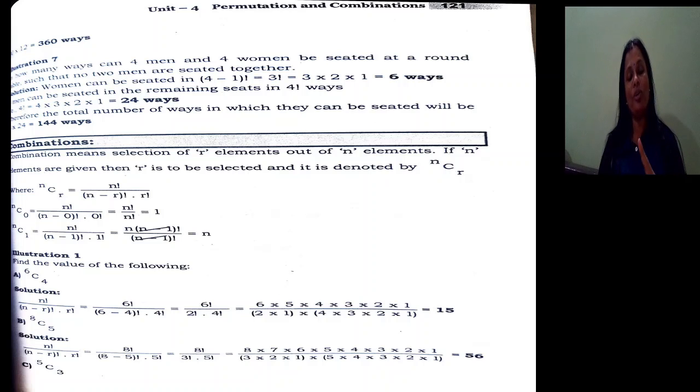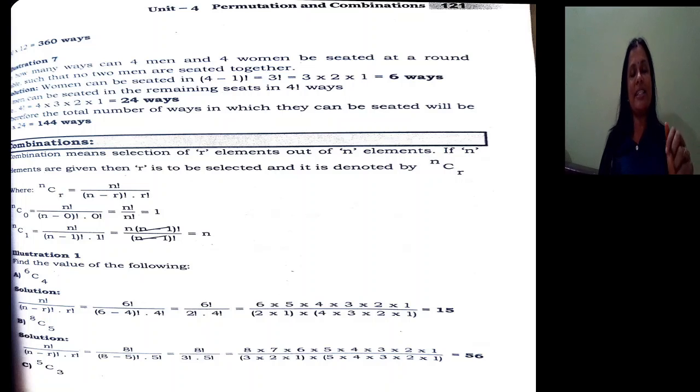So 6 factorial divided by 2 factorial into 4 factorial. The answer is 15. So you can select 4 elements at a time out of 6 given elements in 15 ways. This is selection. We are not arranging, we are selecting.